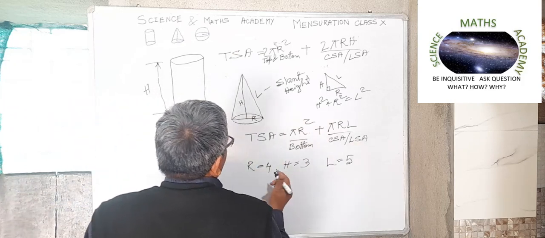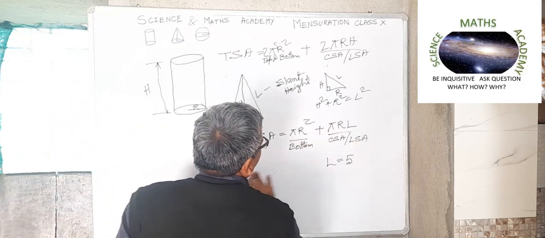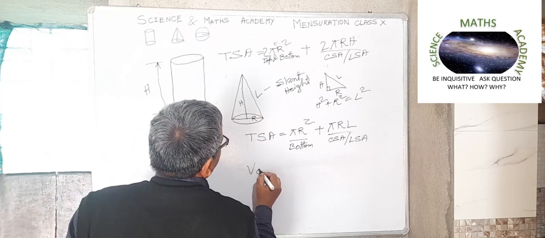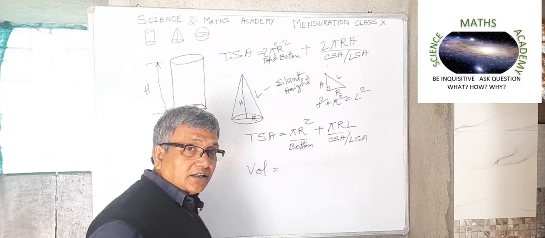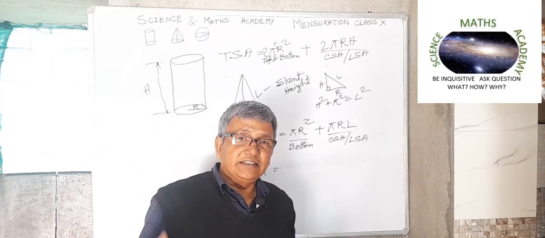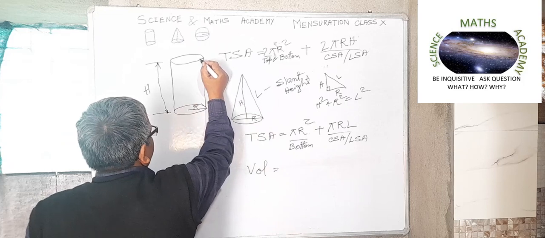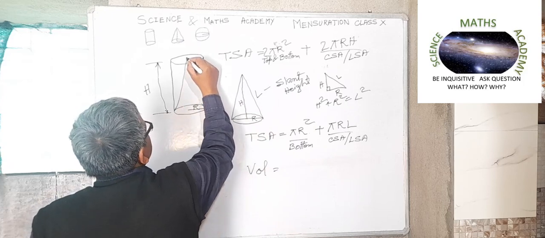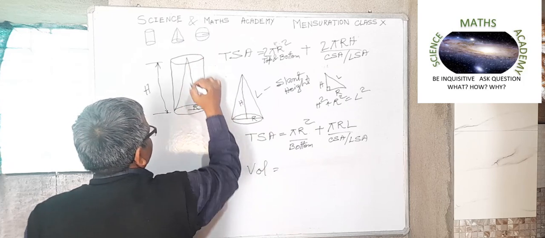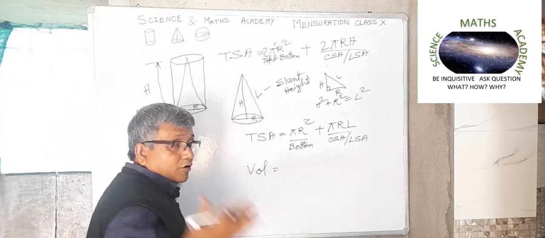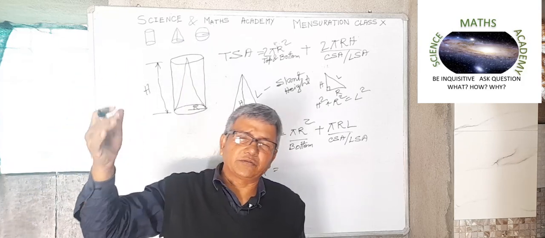Completed, sir. Okay sir, what is the volume, sir? It is very easy, 1/3 of the volume of the cylinder. If this is a cylinder and I cut the cylinder in this fashion, it will be 1/3. So the volume of the cylinder, I forgot, sir. No problem, sir.